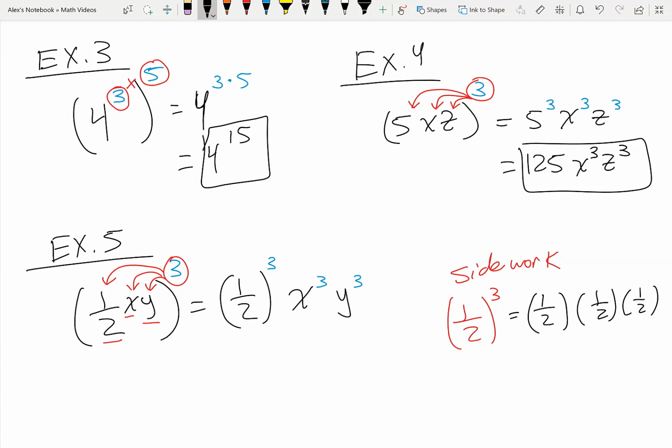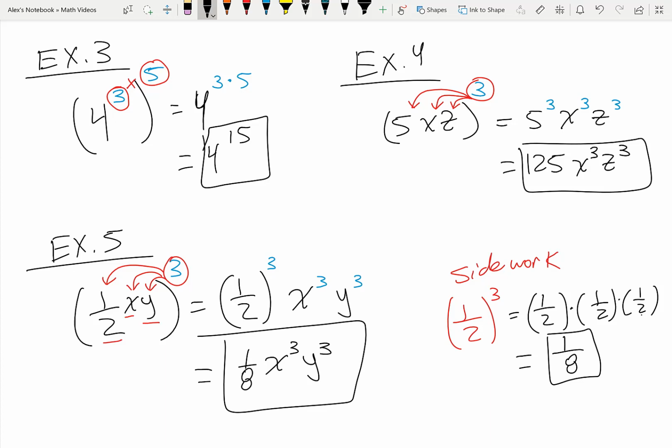Why 3? Because the exponent is 3. When we're multiplying fractions, just multiply straight across. So we got 1 times 1 times 1, which is just 1, and then 2 times 2 is 4, 4 times 2 is 8. So the answer is 1/8. So our final answer over here is 1/8, x to the third, and y to the third. And that's going to be it.